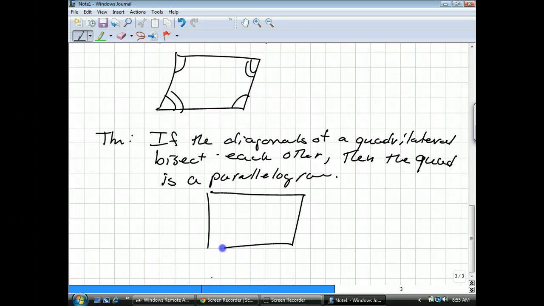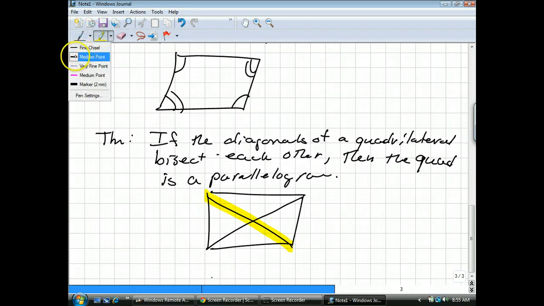Okay, so in this diagonal, if I know that this is congruent to this, then I know the other diagonal bisects it by definition of segment bisector.